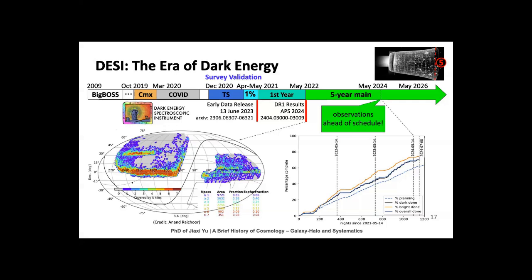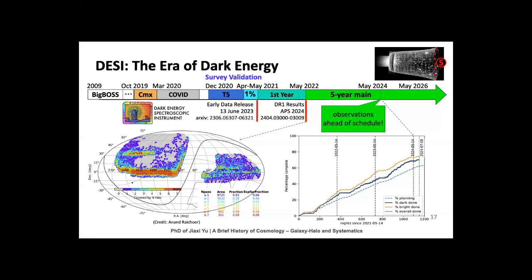Ultimately, every part of the sky will be seen a few times, so 5 or 6 times. So that's why it's in red. When it's blue, there's been just 1 visit of the telescope. And ultimately, you're going to cover more than 14,000 square degrees of data. So 1/3 typically of the sky.